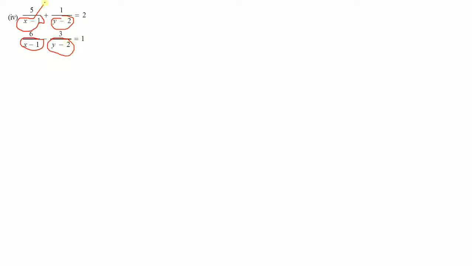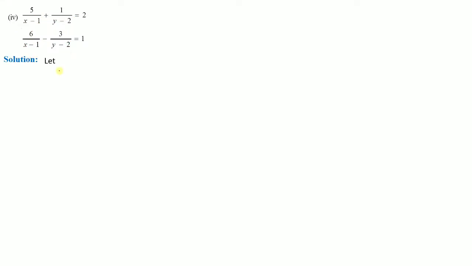So we have to substitute this 1 upon x minus 1 with some other variable for both of these equations. This substitution will work for both the equations, and when we substitute this 1 upon y minus 2 with something else, that will also work for both the equations. So let us proceed for the solution.